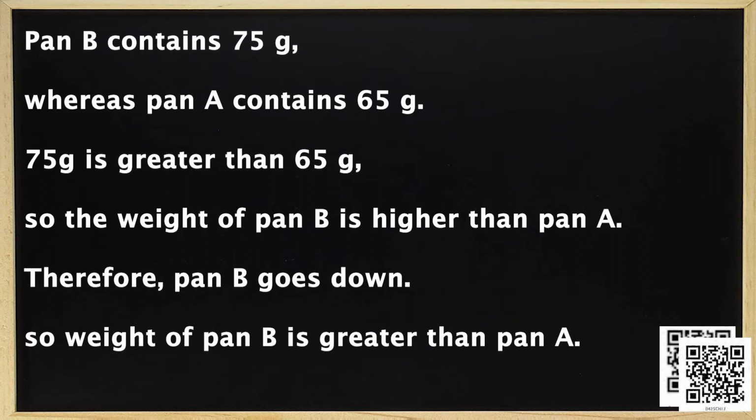Now you know that 75 gram is greater than 65 gram. So the weight of pan B is greater than the weight of pan A. What does it mean? It means pan B goes down, since the weight on pan B is greater than the weight in pan A.